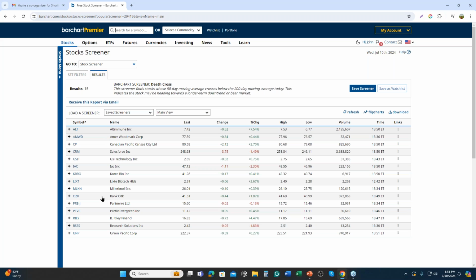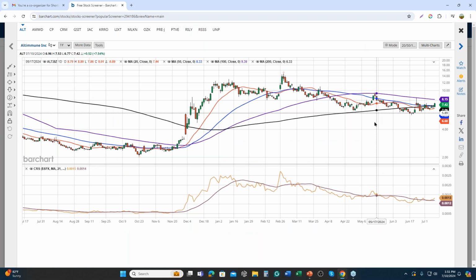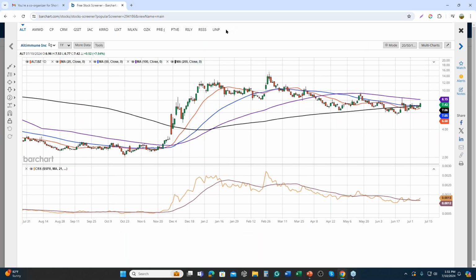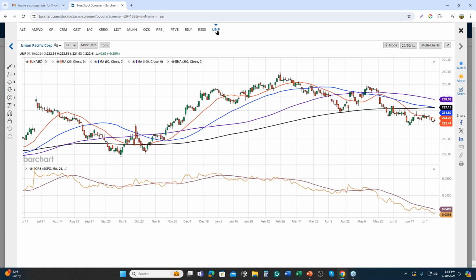But the caveat here is that many times when this crossover comes, the market has already been in an extended downward move. So let's look at a couple that are right here. Now this is not an example, but look at UNP, which is Union Pacific. Right here we're getting the 50-day moving average crossing the 200-day moving average. Definitely a confirmation that we're in a downtrend. But what do we need to do here?